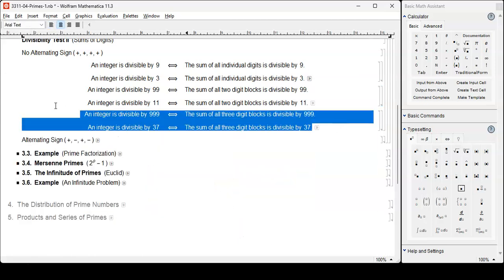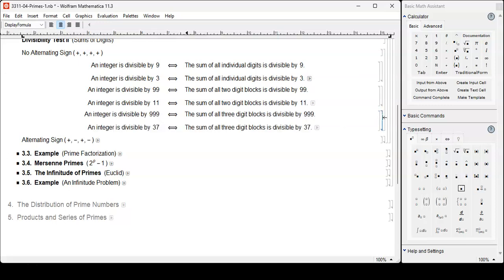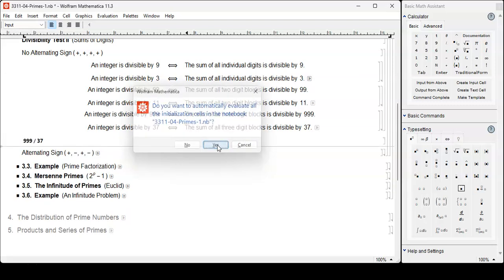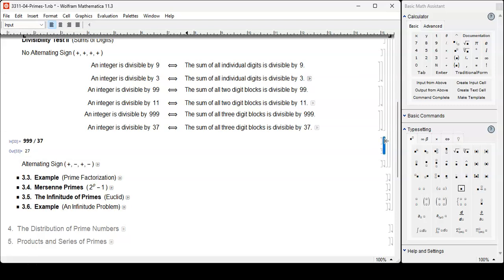And then you can do something similar with three-digit blocks. Then you get the divisibility by 999, which is not very important. But the divisibility by 37, yeah, that's going to be useful, because 999 divided by 37, what is it? It is 27.